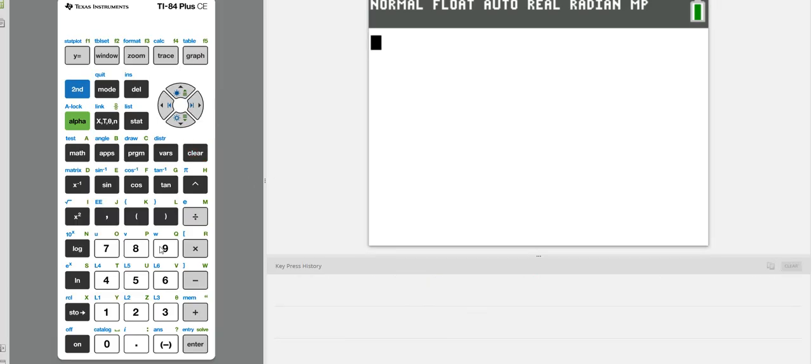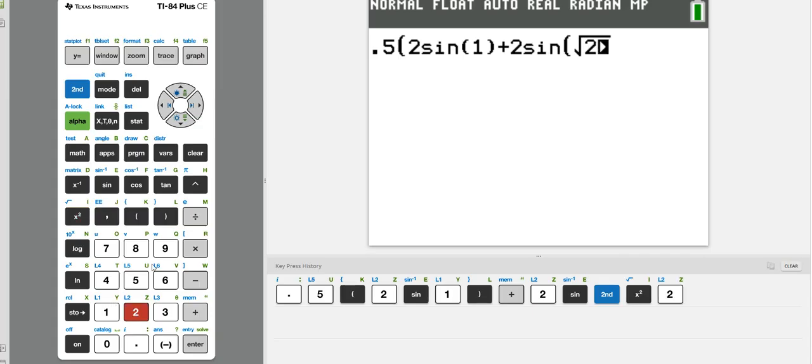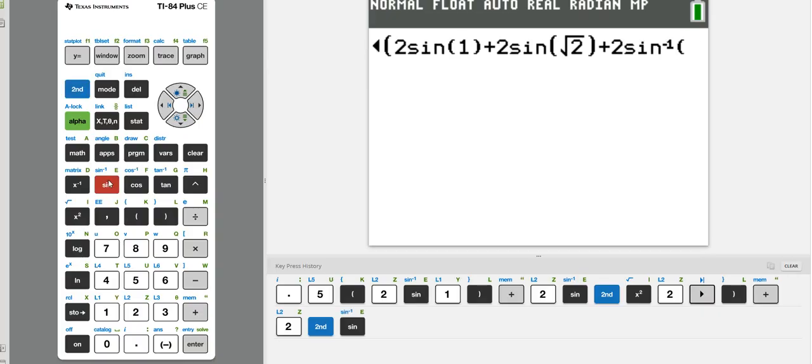I kind of want to be cutesy and clever with some of this stuff, but I don't want to overwhelm you with it either. So 2 times the sine of 1 plus 2 times the sine of the square root of 2. Let's make sure we put a right parenthesis there, and so on. 2 times the sine of the square root of 3.